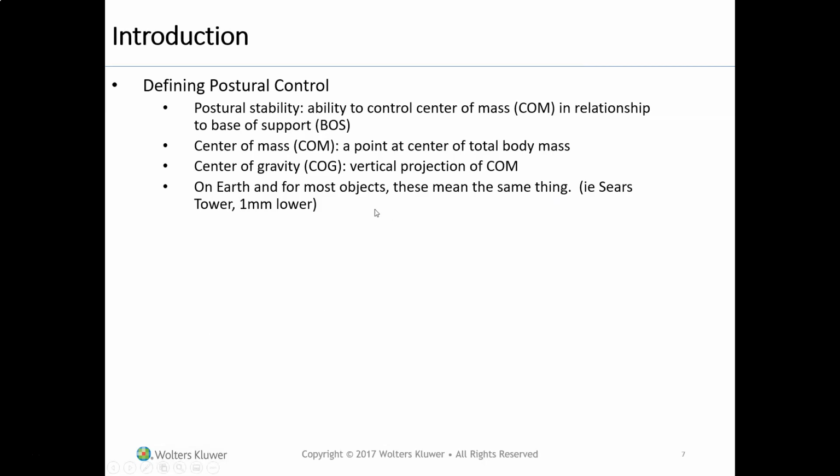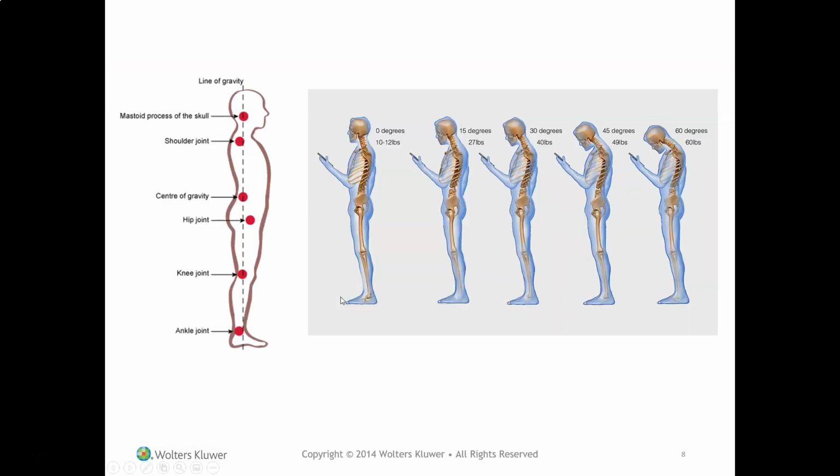Just to clarify, the center of mass and center of gravity for almost all the objects on Earth are the same, right? Except for maybe the Sears Tower is 1 millimeter lower, but that's negligible. Also in the book, if you see the words posture, balance, equilibrium, they basically all mean postural control as well. So sometimes you'll see it used synonymously.